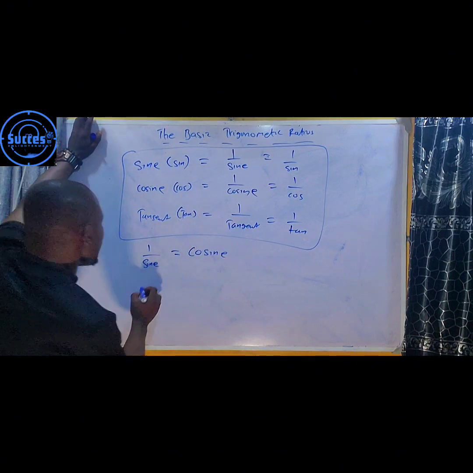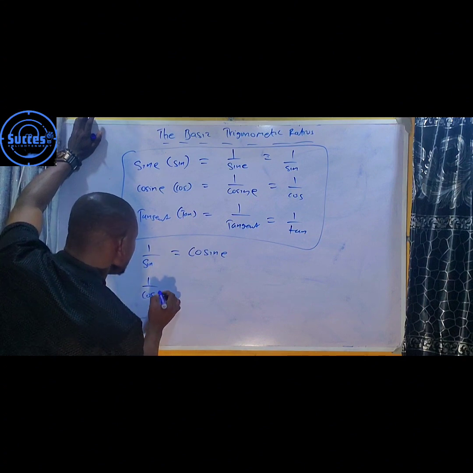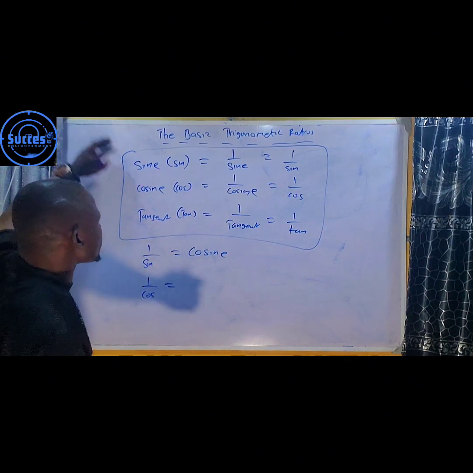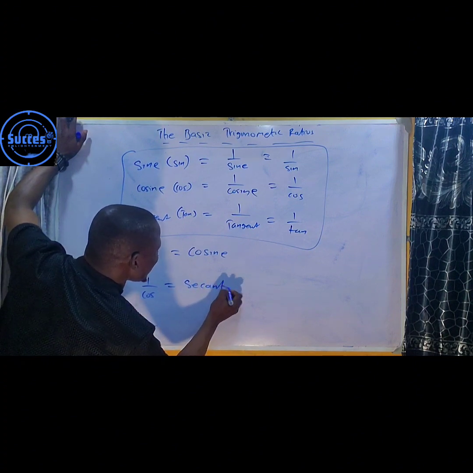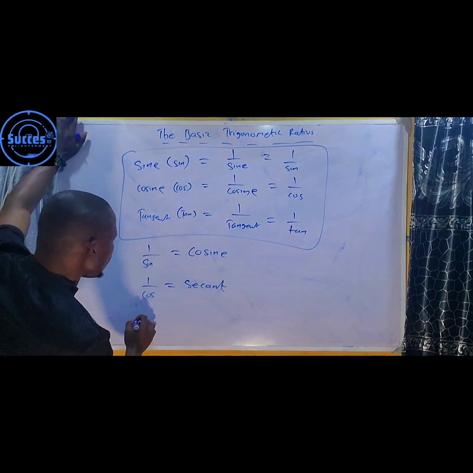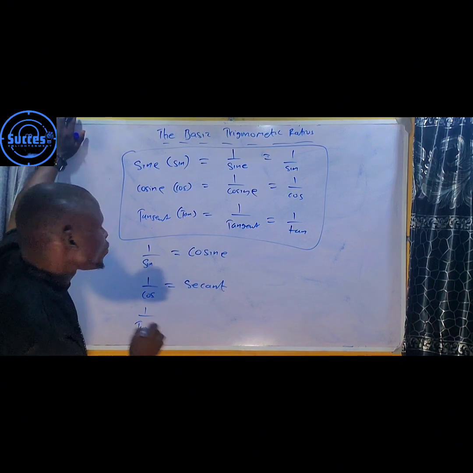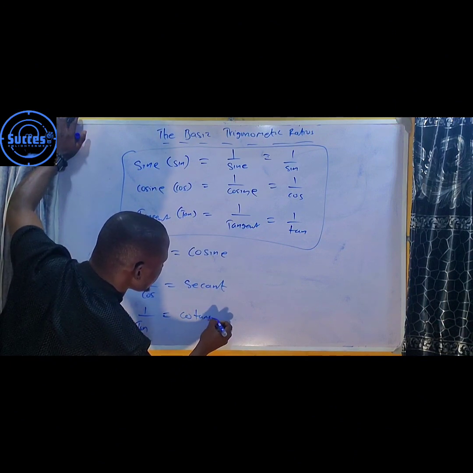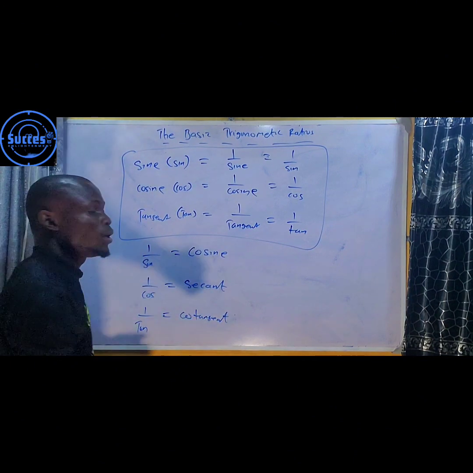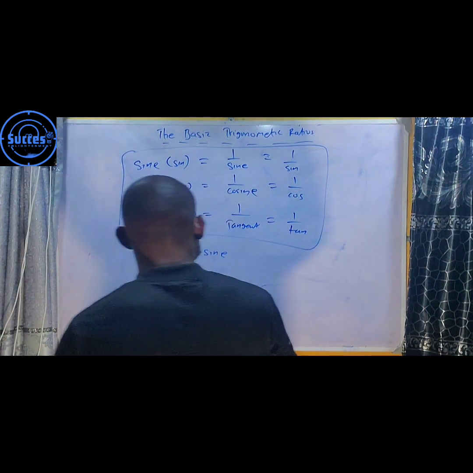Now 1 over cos, the reciprocal of cosine, we call secant. And 1 over tan, the reciprocal of tangent, we call cotangent.